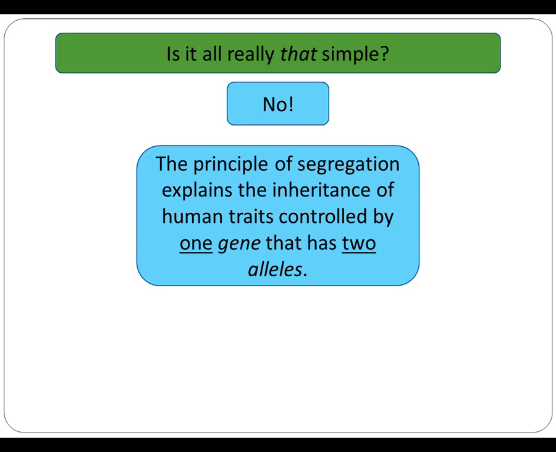It just tells us how some traits are controlled by one gene that has 2 separate alleles, repeating what we started introducing on Thursday. One gene just has 2 variations, but most genes aren't that simple.